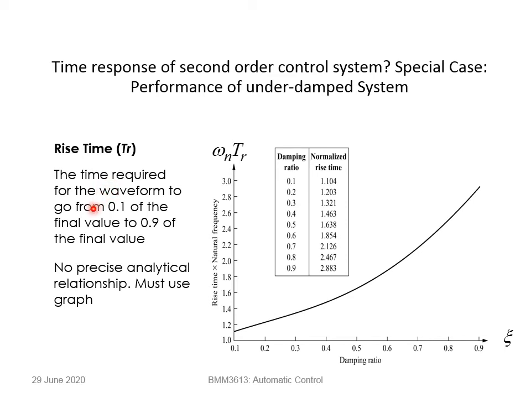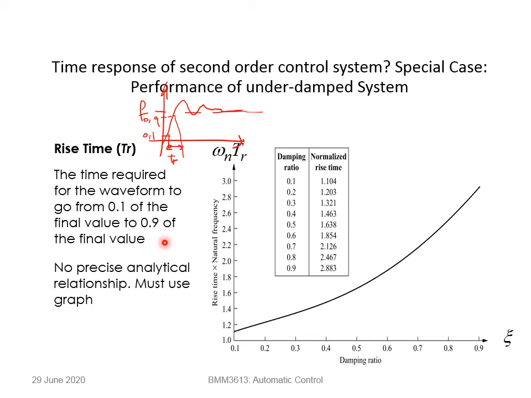The definition is basically the time it takes for the waveform, or the response, to go from 0.1 of the final value to 0.9 of the final value. If we draw the time response, it will look like this, right? This is the final value. The time it takes to go from 0.1 of the final value to 0.9 of that final value, for example from here to here, is what we call rise time.